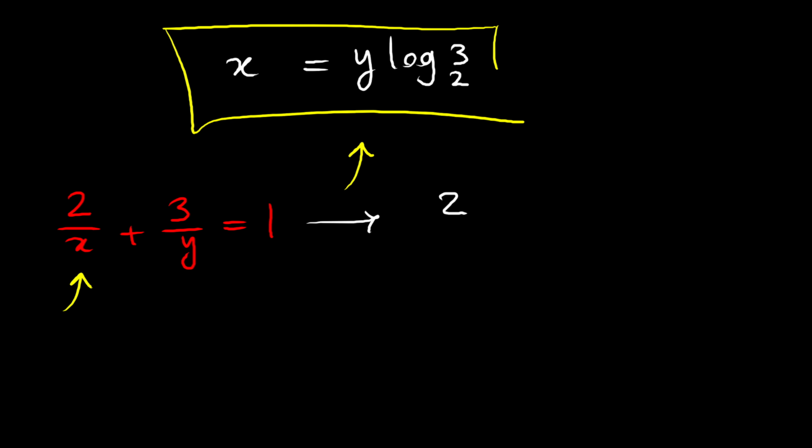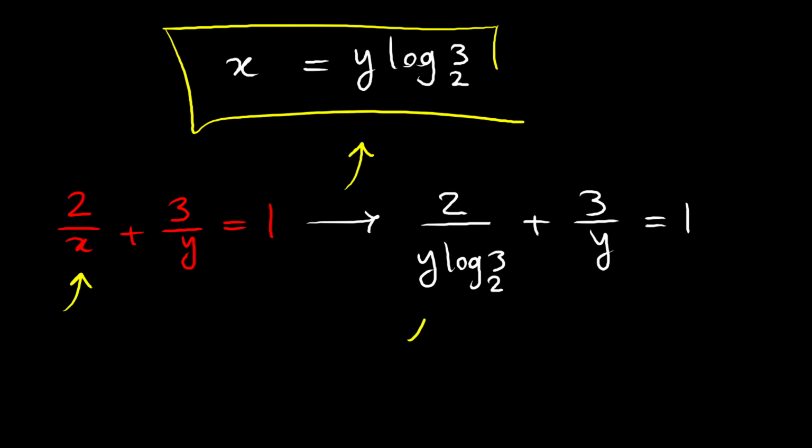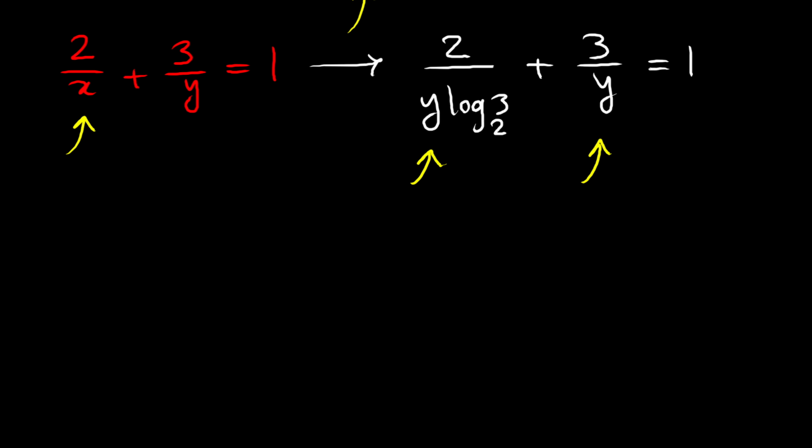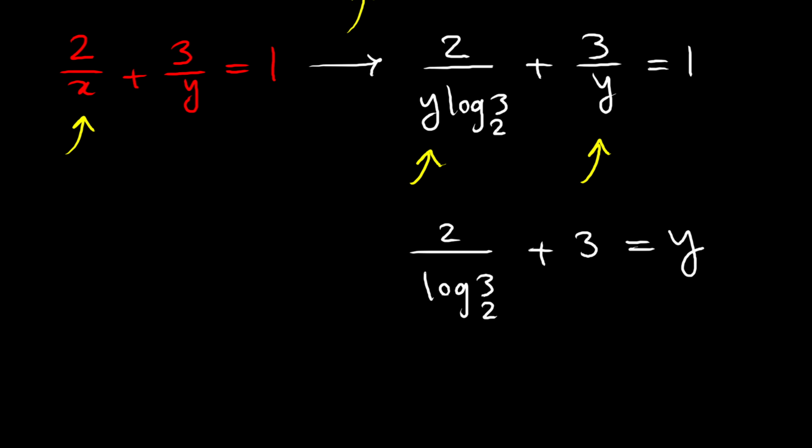So we're going to have 2 over y times log 3 with base 2 plus 3 over y equals 1. Now notice that we have y in both of the denominators. So let's go ahead and multiply everything by y to get rid of the y inside of the denominator. So if we do so, we're going to have 2 over log 3 with base 2 plus 3 equals y.